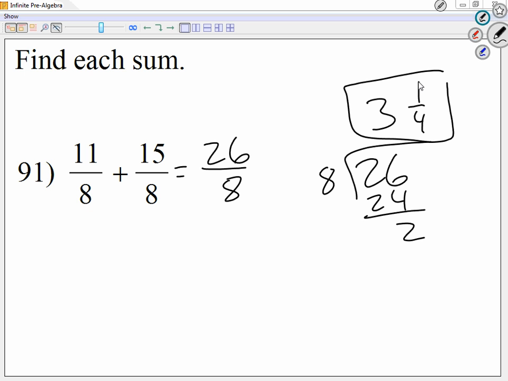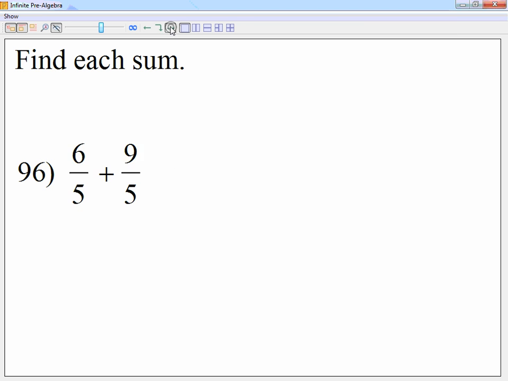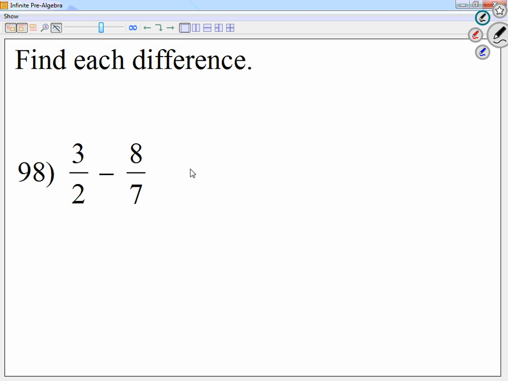When they have a common denominator, they're easy to work with. When they don't, let me take a look at something like 98. I'll skip 97, come back to it. When they don't have a common denominator, we have to make it common. So I'm going to make two fractions. It's a minus. Which one's the smallest number? The 2 and 7 both go into 14.